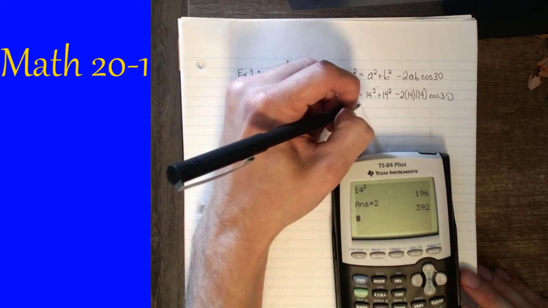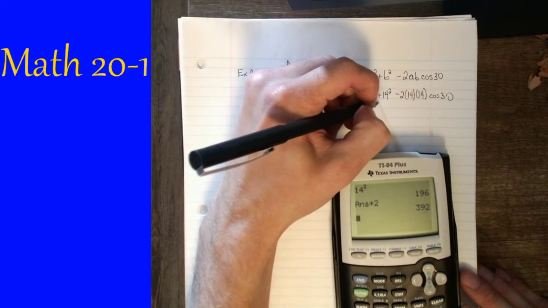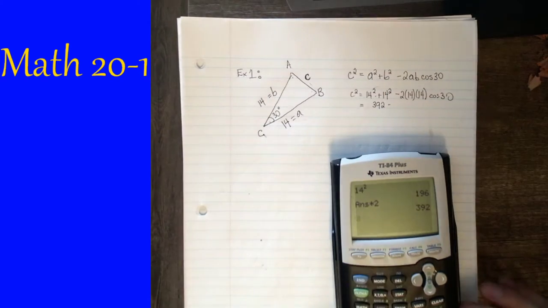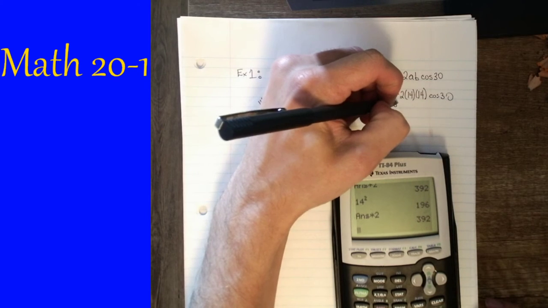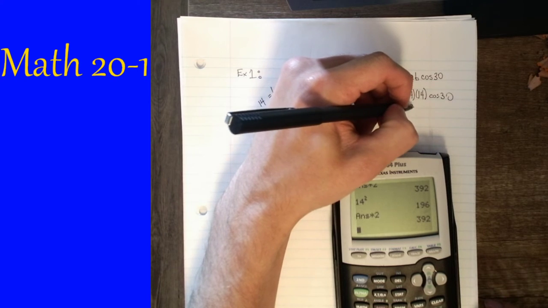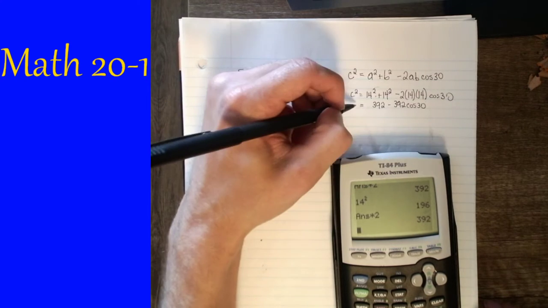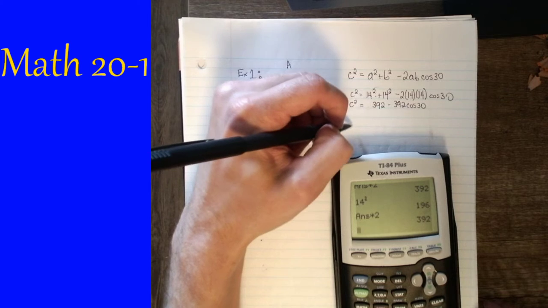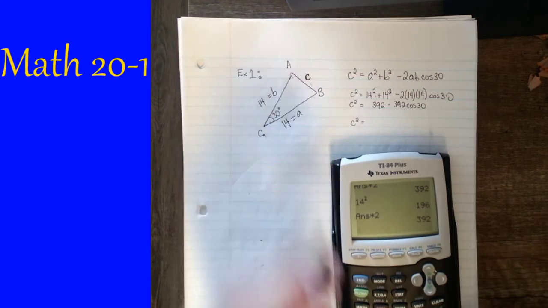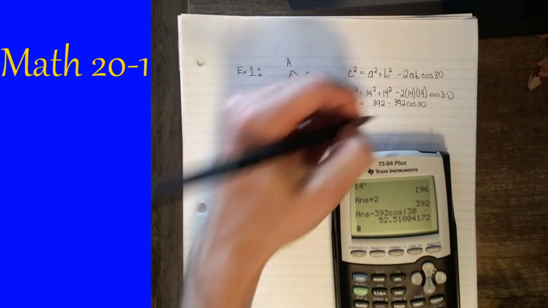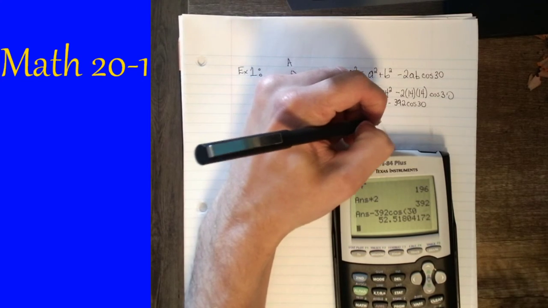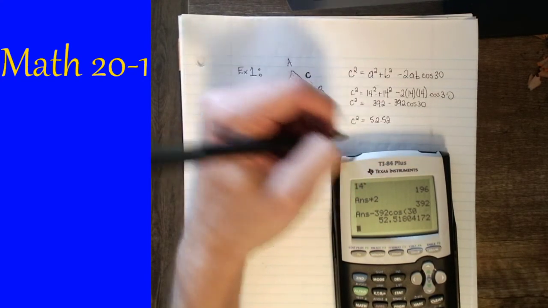Okay, so now when we kind of plug that all in, 14 squared times 2, so that's this. We might want to just account for things as we go, minus 14 squared times 2, so that's minus 392 cos 30. It's going to be equal to C squared. So C squared is equal to 52.52.